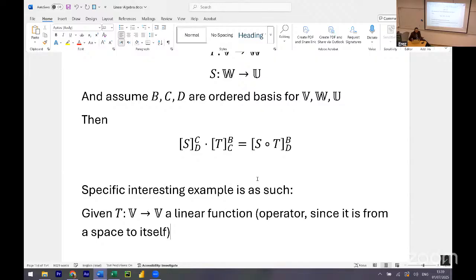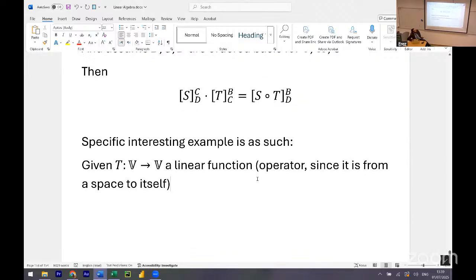For this course, it's not very interesting, but in linear algebra 2, the lecturer might say operator a lot of times, and then you might say, we never learned about operators, but it's just a name. An operator is a linear function specifically from a space to itself. So it's not really interesting, but it's used quite often. In any case, like I said, it's a specific interesting example.